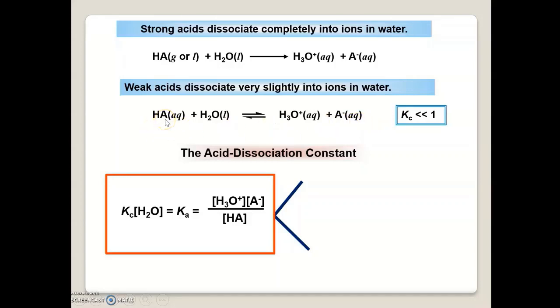When we write the Kc expression of this reaction, Kc equals the concentration of H3O+ multiplied by the concentration of A- over the concentration of HA. No H2O appears in our Kc expression because H2O is a liquid. So this is the Kc, or to be specific, the acid dissociation constant, which we call the Ka.